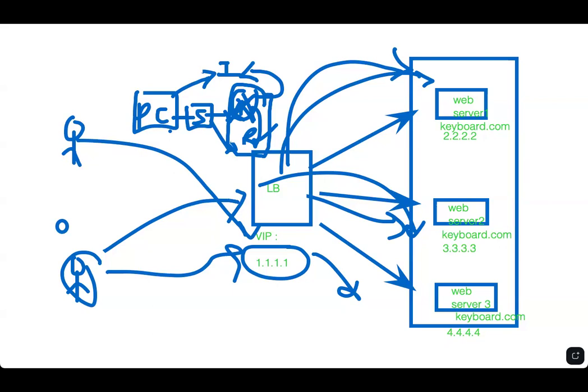Okay, so there are three different protocols for this to work. One is HSRP, VRRP, and GLBP. These are the three different first hop redundancy protocols in action. HSRP and VRRP are very similar.